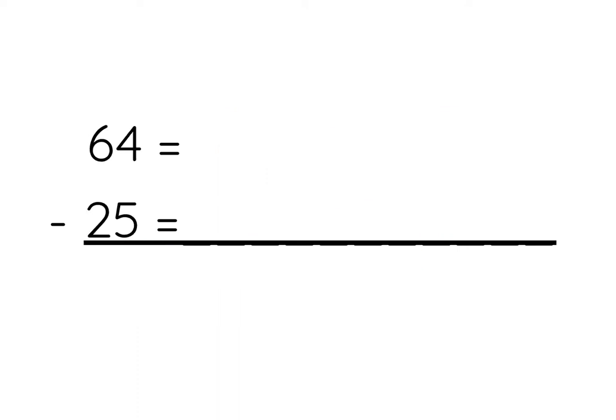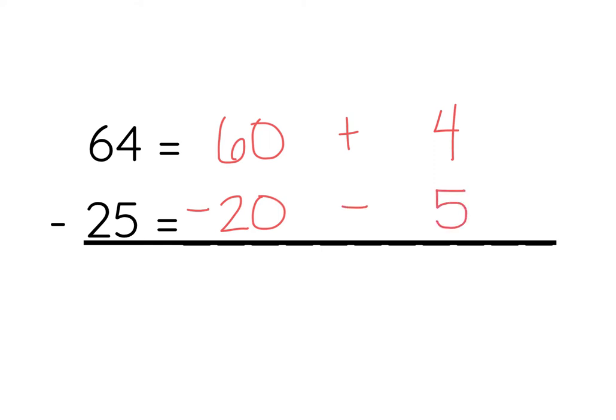64 minus 25. Hopefully you are absolutely loving this strategy, and it makes sense to you. Tomorrow we're going to start doing it with bigger numbers, so practice this one really well. Okay, bigger digit is right there.